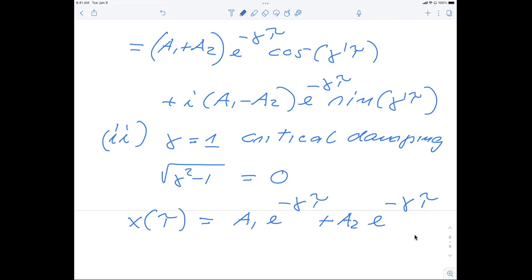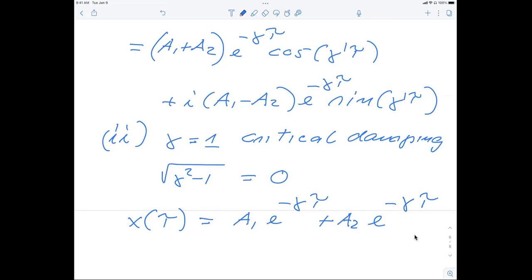But if you look at the two terms here, except for the constants A1 and A2, what is their mathematical form? Are they the same or are they different? They are the same. So that means that irrespective of the constant here, we could actually have written the solution as A1 plus A2 times the same mathematical function.